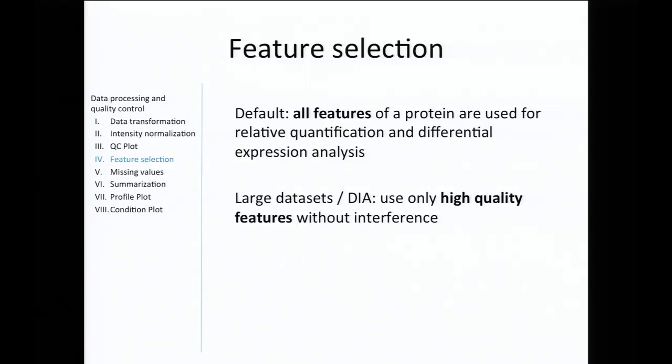So what is usually done in the next step after transformation and normalization, you take all of the transitions for a protein to do relative quantification and differential expression.